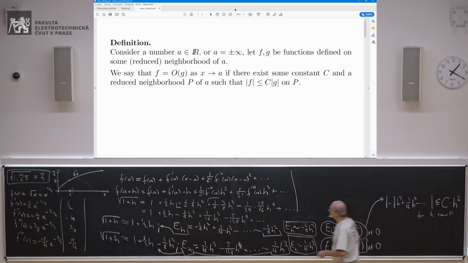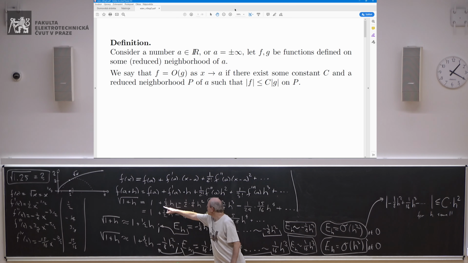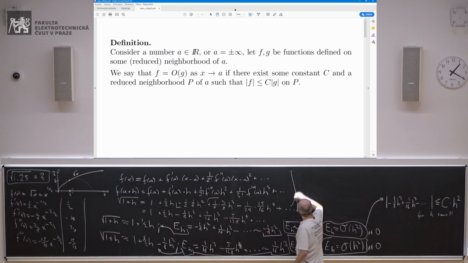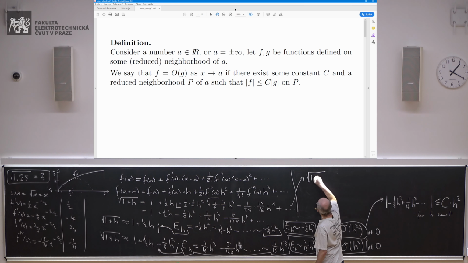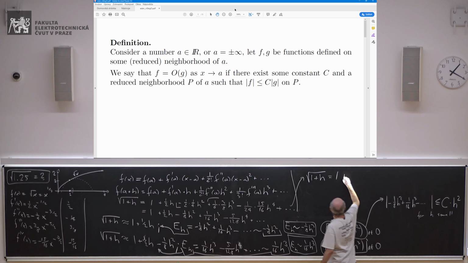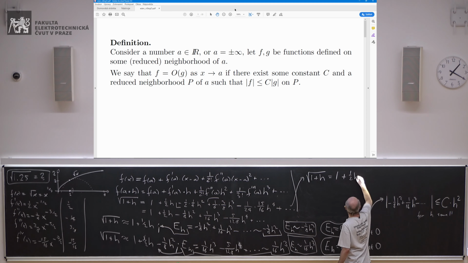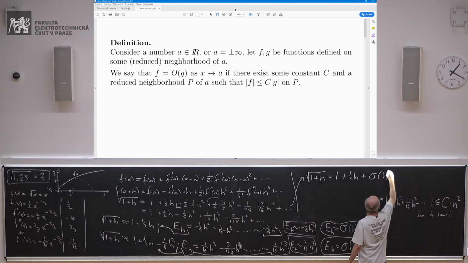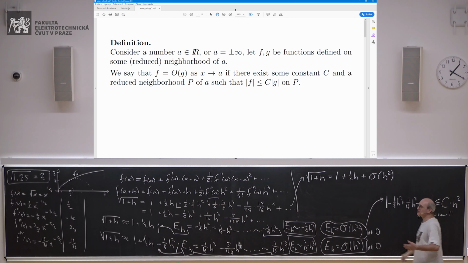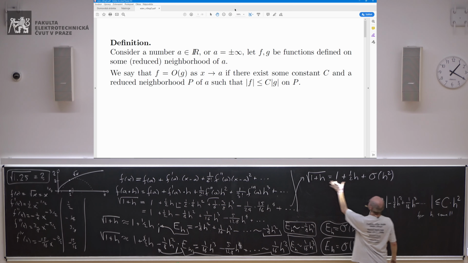So I can, for instance, look at this expression, which we have over here, and I can express it like that. Square root of 1 plus h is 1 plus 1/2 h plus O(h squared). And people who are experienced in numerical analysis, and you will be soon too, just look at it and they can see that they have an approximation.